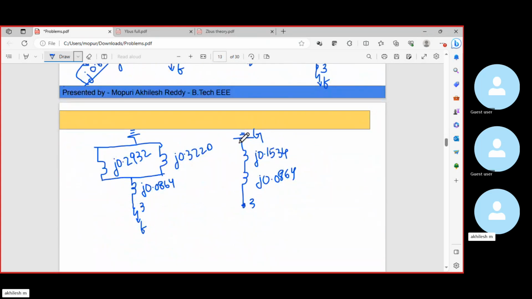So we will have ZF here, and the fault point is connected to the negative of the band.